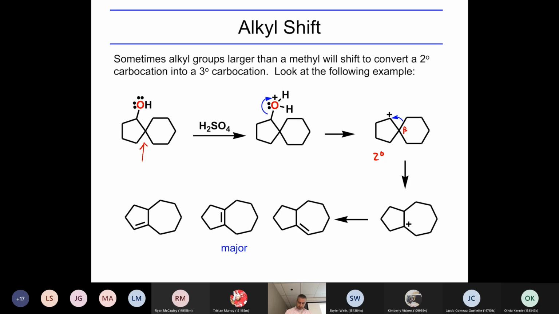This carbon is a beta, and this one's a beta. What can happen is you can shift over that alkyl group, put the cation where the group shifted over from to make this. That's a tertiary carbocation, and then it can undergo elimination, sulfuric acid, to make the various products here. This one being major, why?